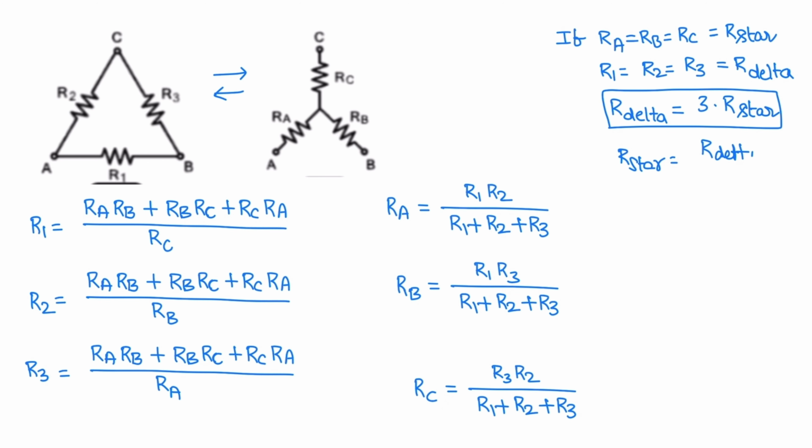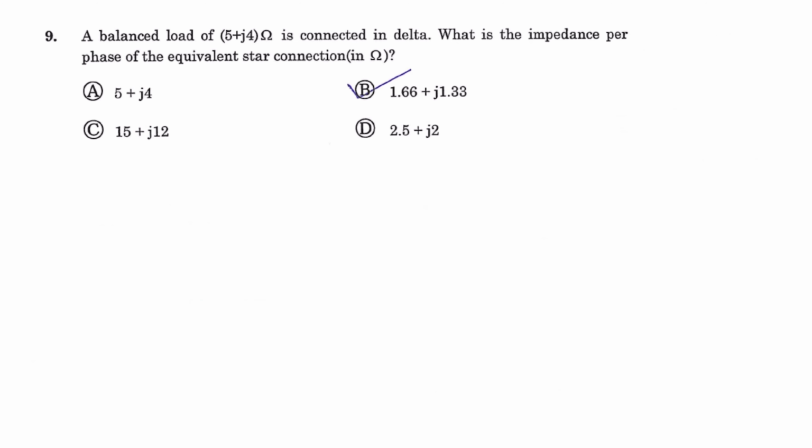In the question they have asked, the balanced load is connected in delta. So in delta connection, the impedance value Z delta is 5 plus 4j. They ask to calculate the value of branch impedance in case of star connection.